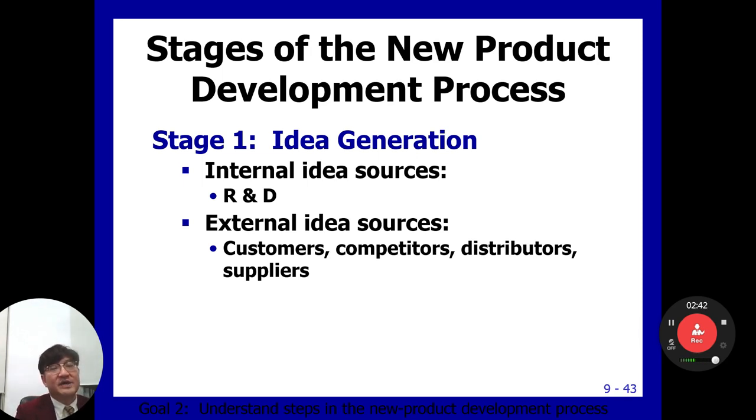You can generate ideas through brainstorming among your marketing people, or the new product can be developed in your R&D department, or you can use external idea sources. The idea can come from customers, or you can benchmark or copy your competitor's product, or distributors or suppliers can give you ideas about new products.